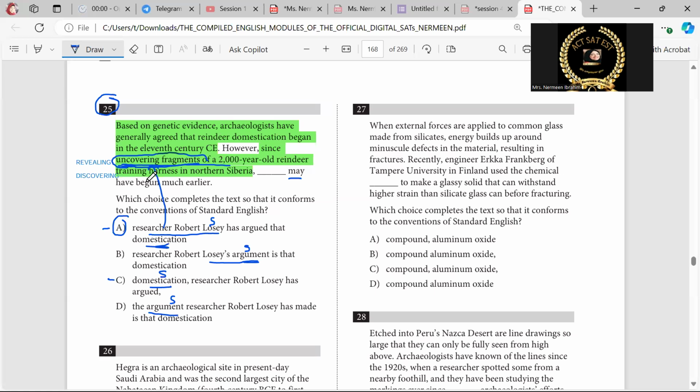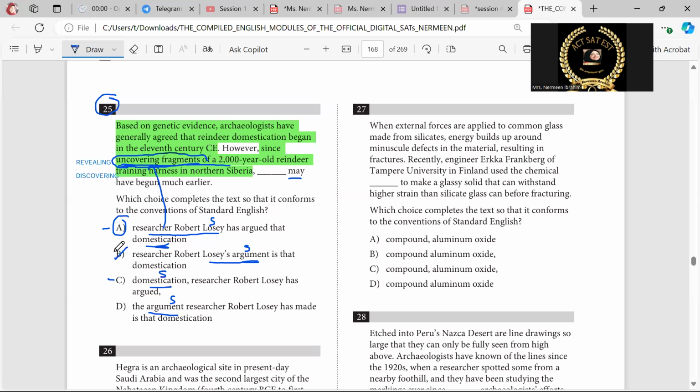Domestication may have begun much earlier, but I must start my sentence with the subject that is consistent with uncovering or discovering the fragments. So hopefully, Tariq, you noticed the difference between your answer C and our answer A.